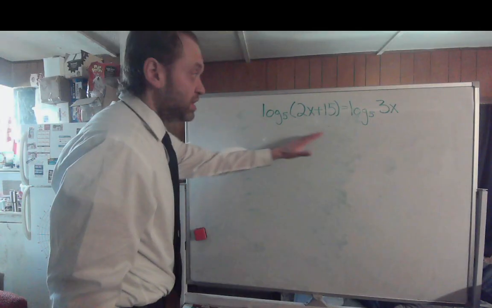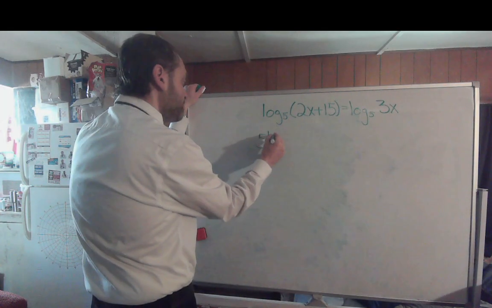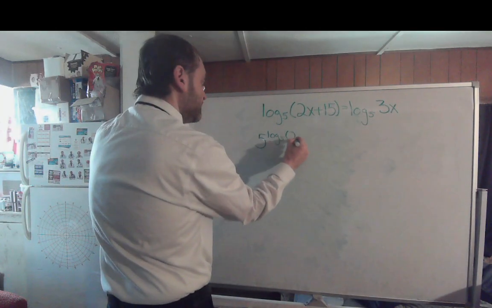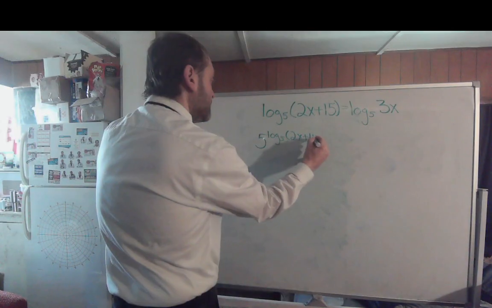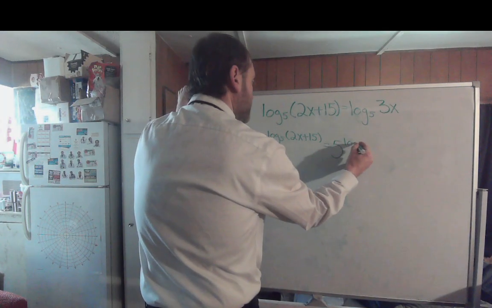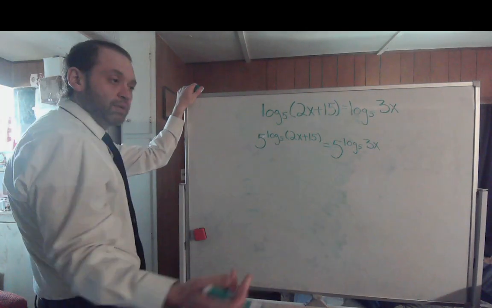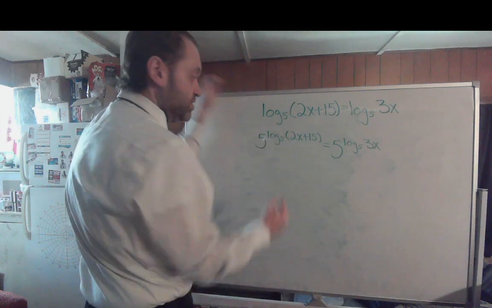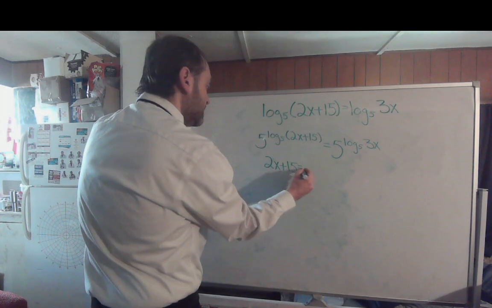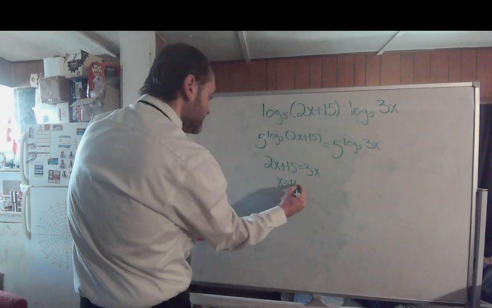So since we have the logs, we got to take that base 5 on both sides, raise it to the power of those logs. So 5 to the log base 5 of 2x plus 15 equals 5 to the log base 5 of 3x. And so you have 5 to a log base 5 on both sides. The logs will cancel out. You'll just get your exponents. So you'll get 2x plus 15 equals 3x, which will literally just give you that x equals 15.